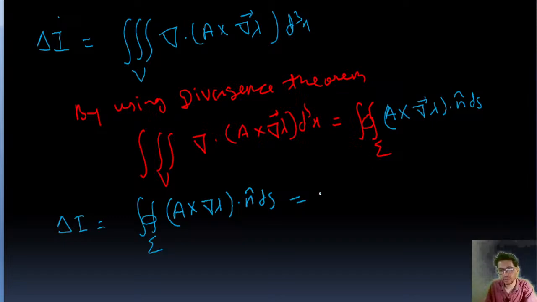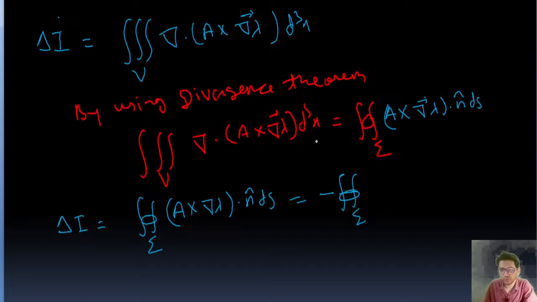So this is going to be minus surface integration sigma. By the divergence theorem, we can convert volume integral into surface integral and surface into volume.